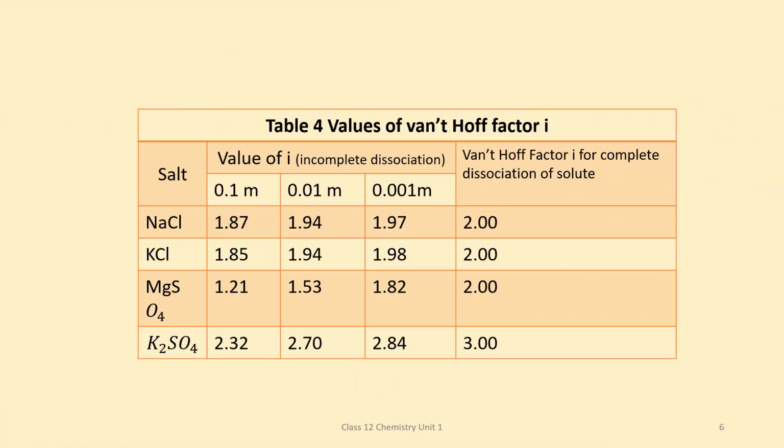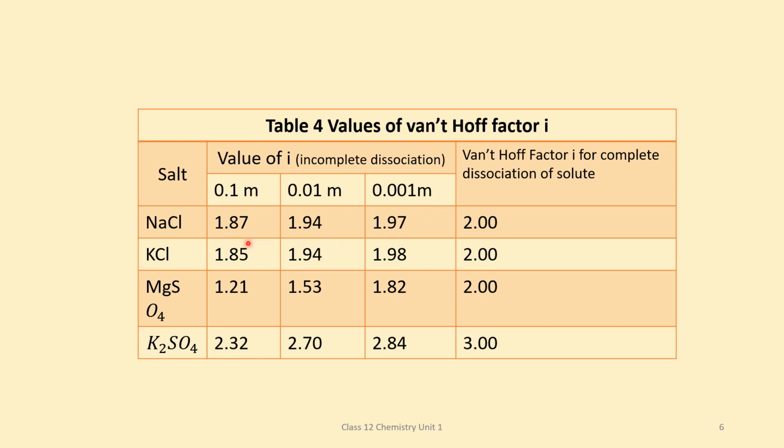The table shows the values of van't Hoff factor i. The salts are shown on the left hand side, in the first column: NaCl, KCl, MgSO4 and K2SO4. For different degrees of dissociation, different values of i are shown on the screen, for 0.1 m, 0.01 m and 0.001 m.